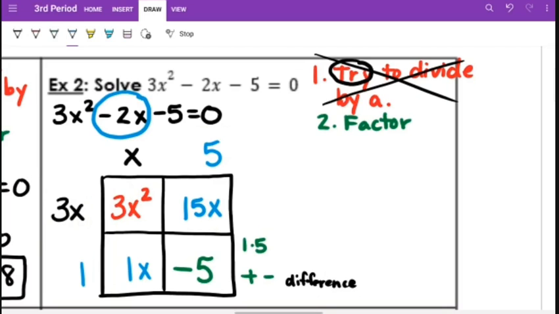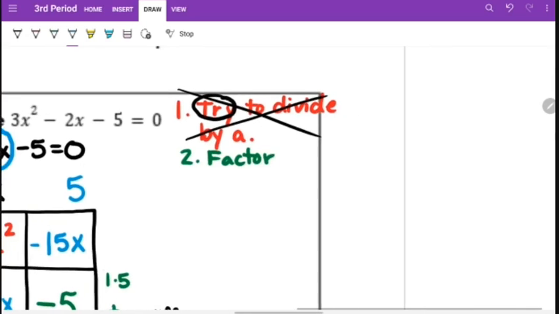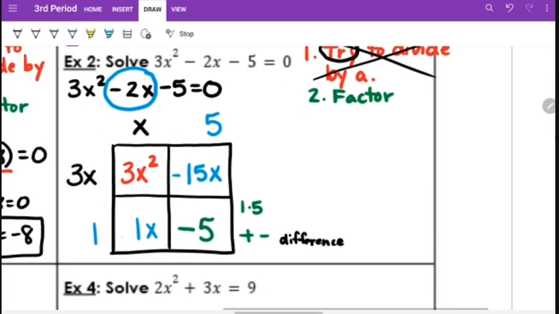The problem is this isn't right. Even if it doesn't matter which one of these we make negative, we're never going to end up with a 2x or a negative 2x when we add those two blue terms together. So the 5 and the 1 are not working for us in the place where we've put them.